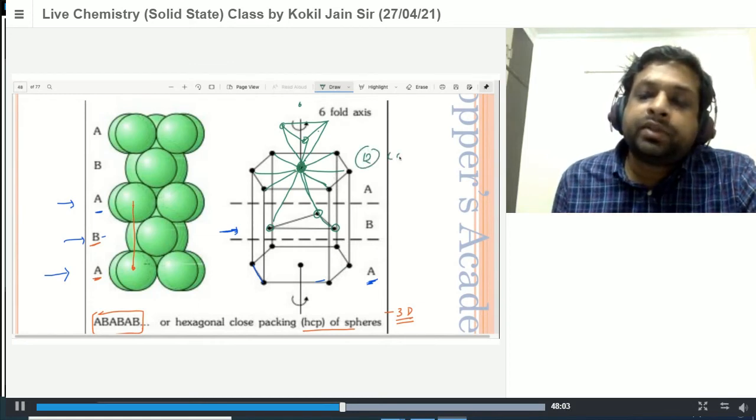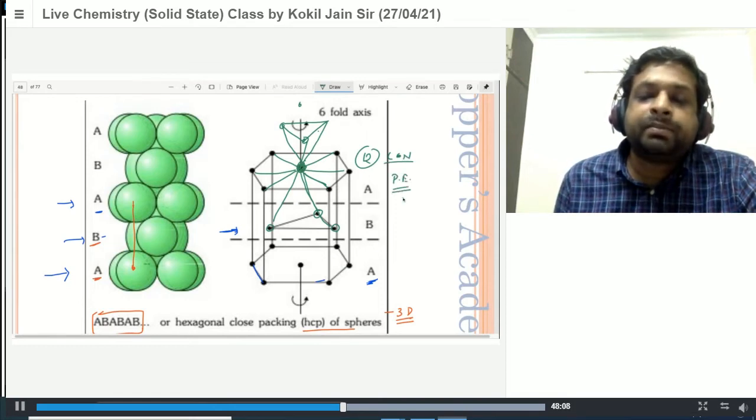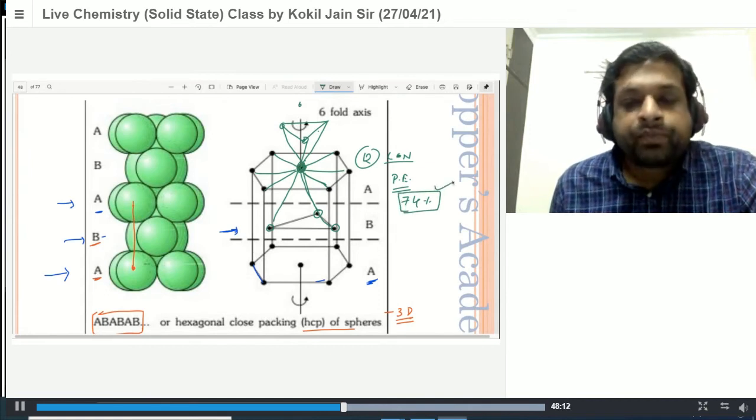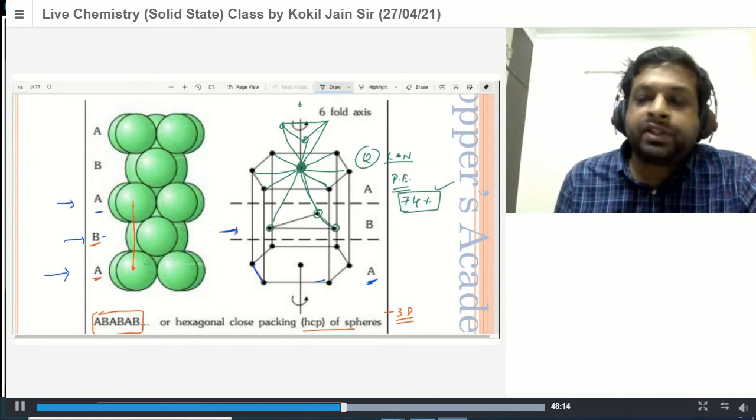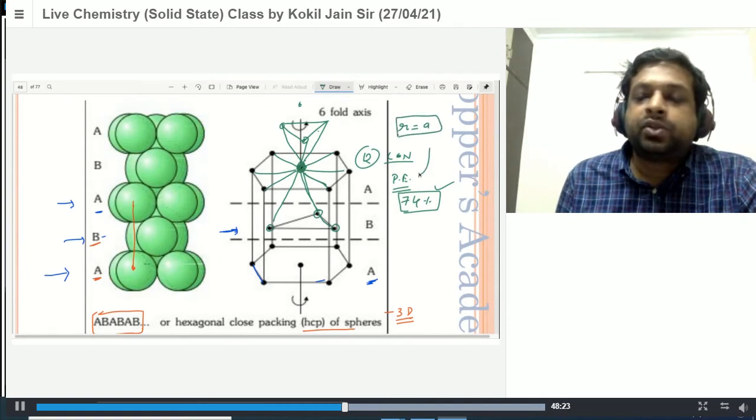Now, if you calculate the packing efficiency of this diagram, you will again get the same packing efficiency, 74%. Try to calculate it using that equation and establish the relationship between R and A. Calculate the packing efficiency here. Calculate the contribution of each atom here.